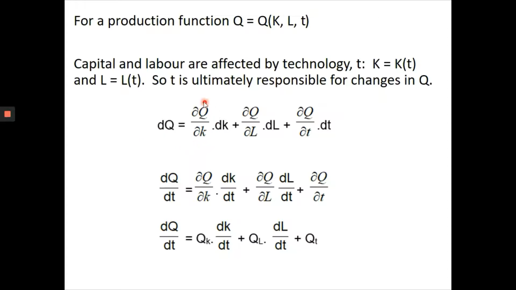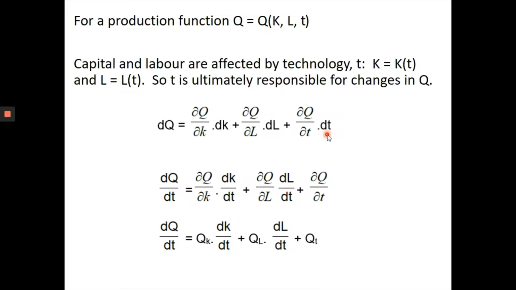We have the partial derivative of q with respect to k times dk plus partial derivative of q with respect to l times dl plus partial derivative of q with respect to t times dt.